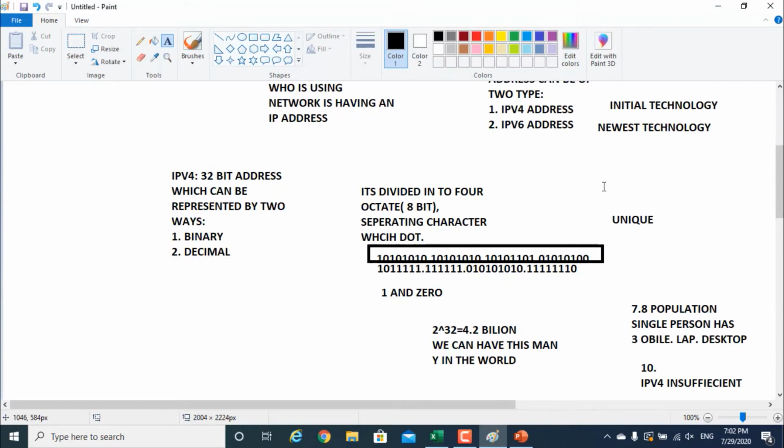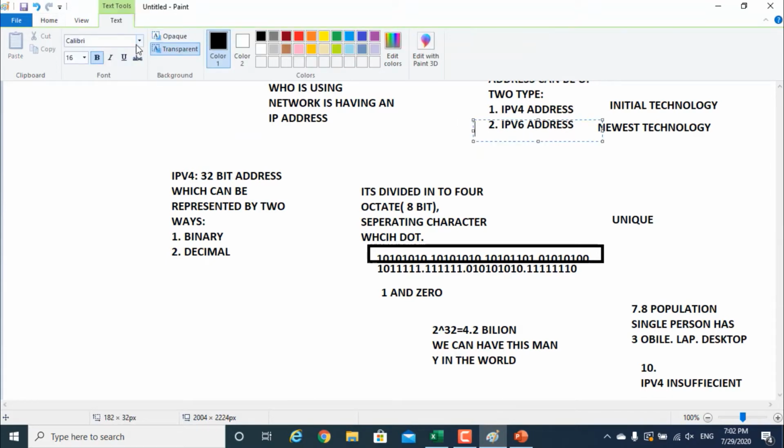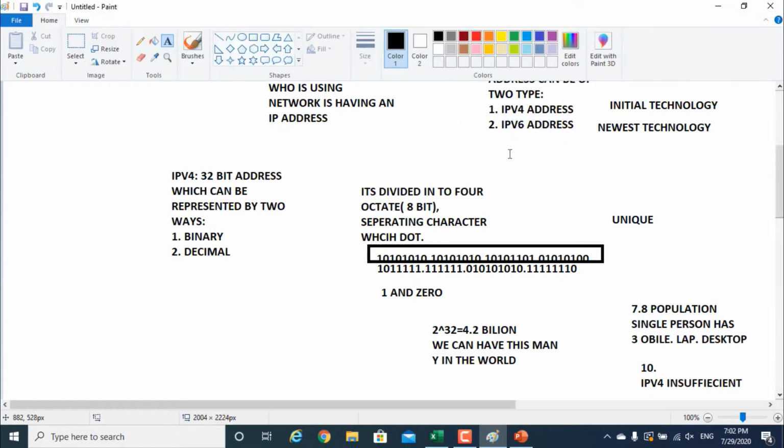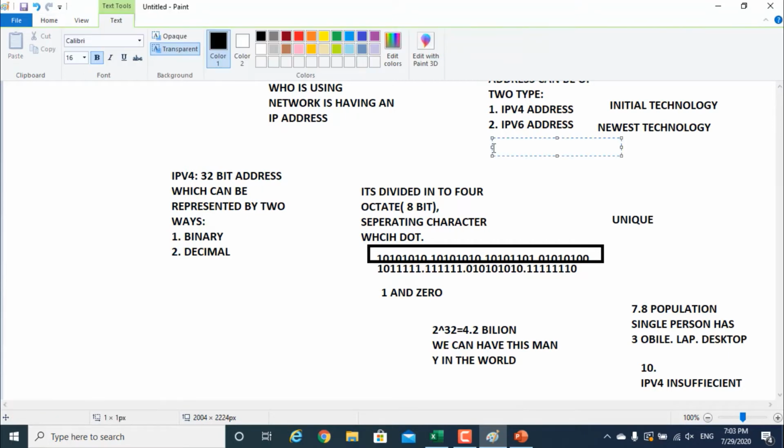So for a better solution, they created the newest technology, that's IP version 6. There is obviously so much difference, but at CCNA level I can just tell you, and we will study IP version 6 at the end of our CCNA, that this IP version 6 is a 128-bit address.